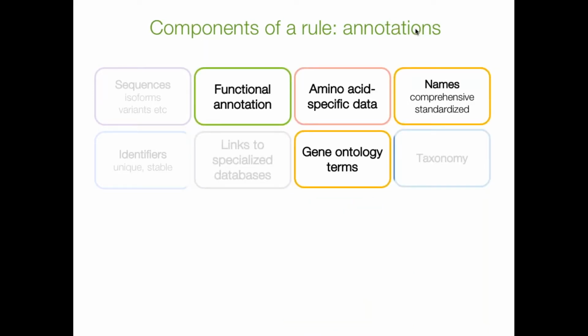In terms of annotations, the rule systems that we use, and the first one I'm going to talk about is one where people create the rules for them to be applied automatically onto the unreviewed part of the database. Those are not restricted in any way in their ability to propagate annotations. So they can provide functional annotation, amino acid specific data types.